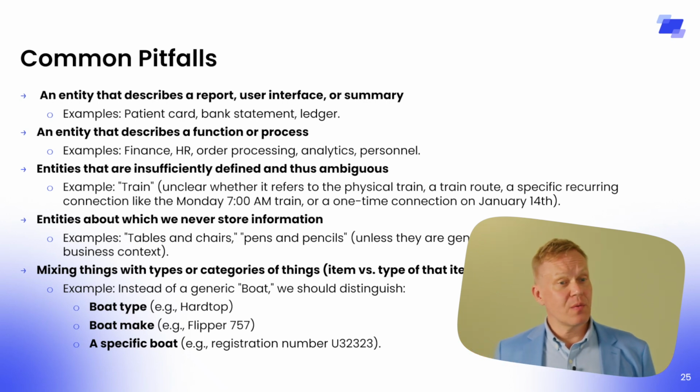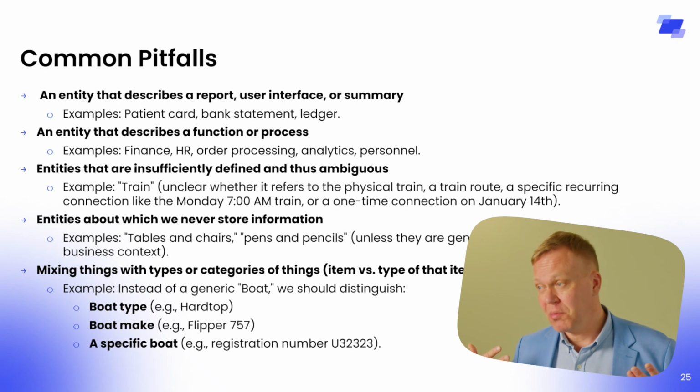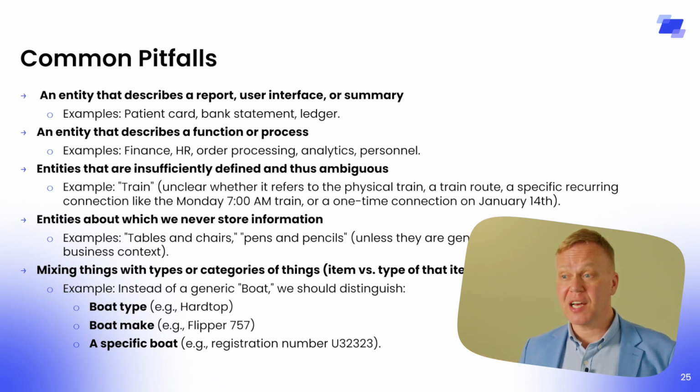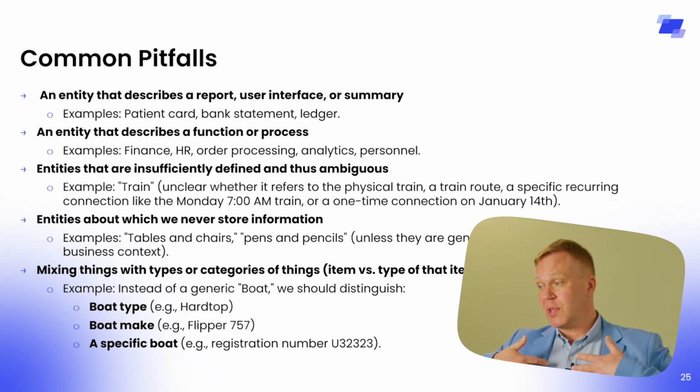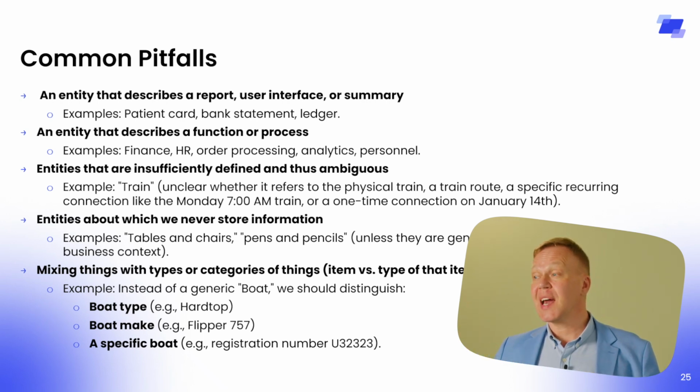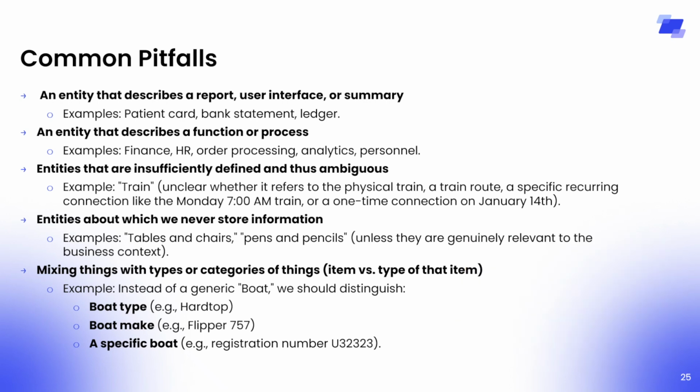And usually when we are modeling, it may seem so self-evident. Usually it is not. Also, because we are modeling a business, we can include anything there, but we cannot include everything. Even though in this space we have tables and chairs and so on, probably they wouldn't be relevant for whatever reason we are modeling.